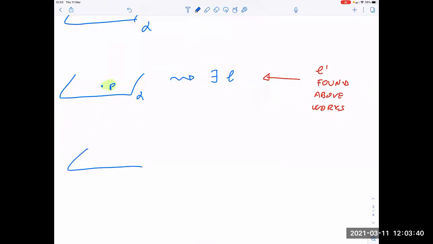So what do you do in general if you have, say, a point A here, and you want to find a line, call it R, containing A, R contained in alpha? How do you find it? What's the general procedure?